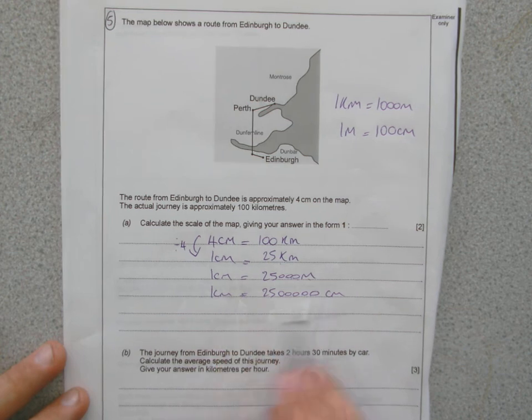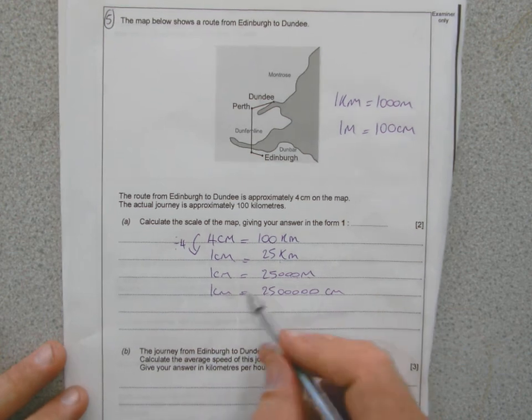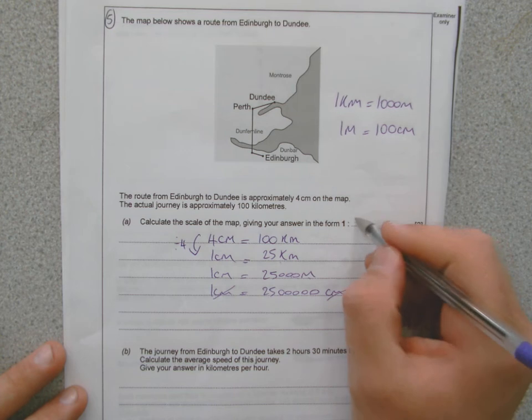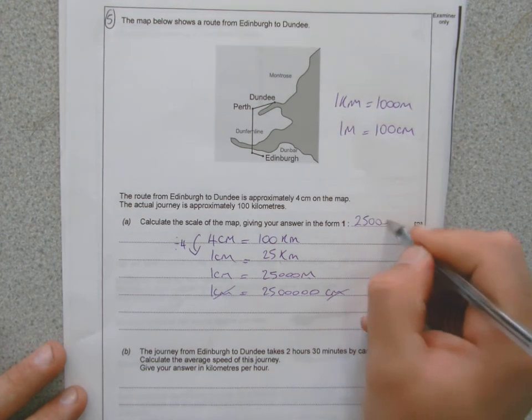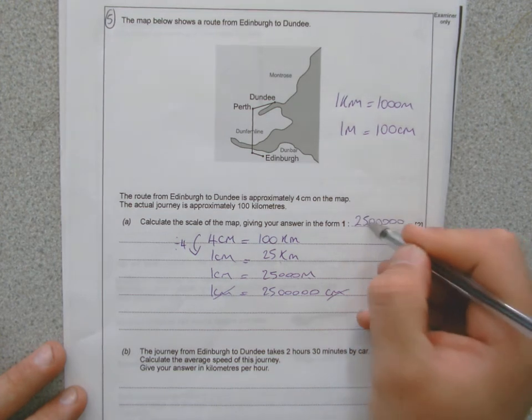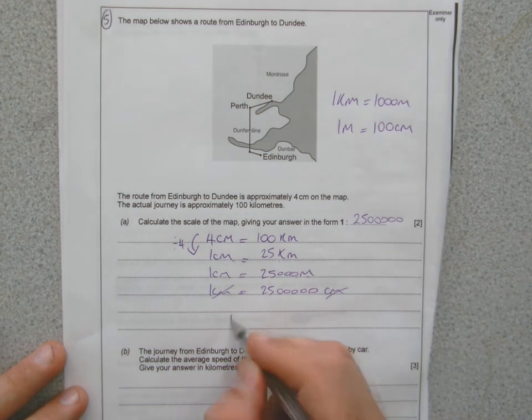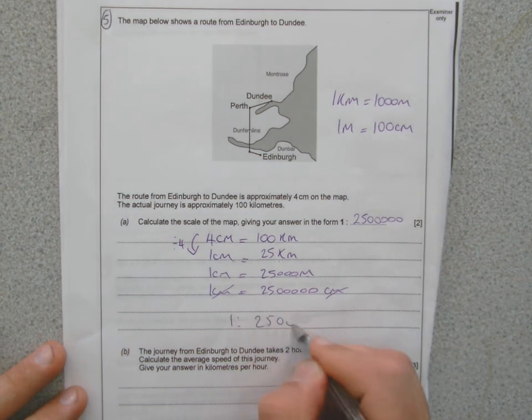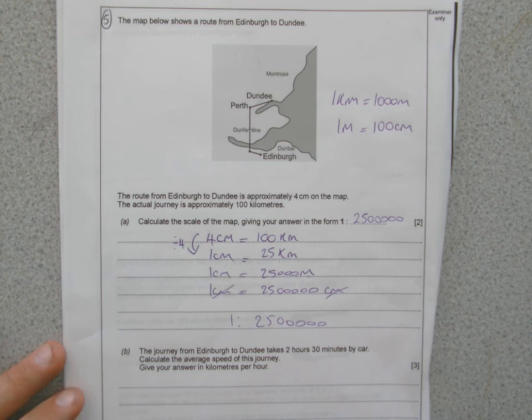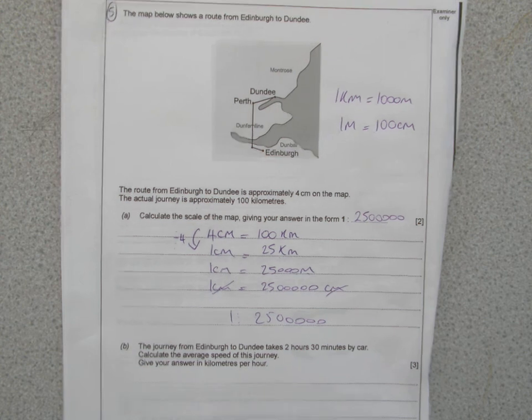Now you notice they're both in centimetres, so we can ignore the units and put our answer there. A ratio can be read as that: 1 to 2,500,000.